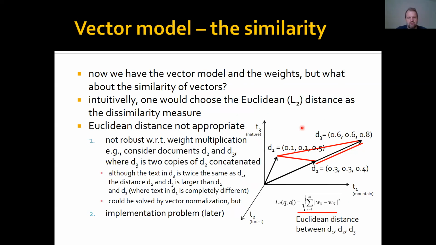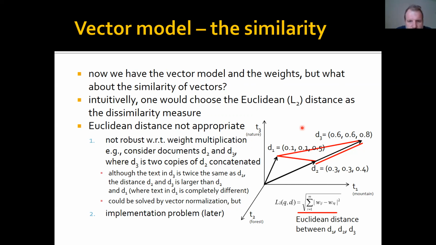Now we have constructed the weights, and the question is how to compute the similarity between the documents and the queries, and maybe documents between each other or queries between each other for different tasks. We are talking about vectors, so we will use the angle between the two vectors.